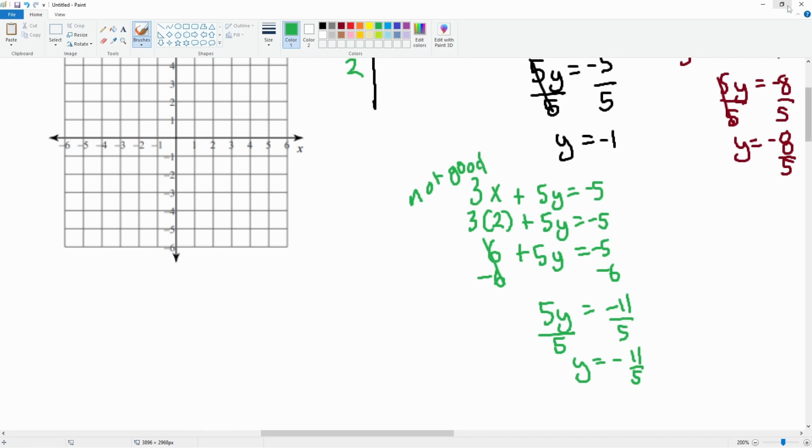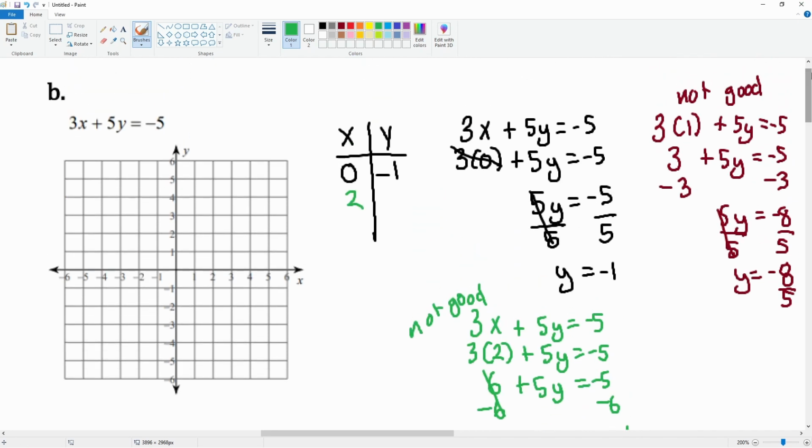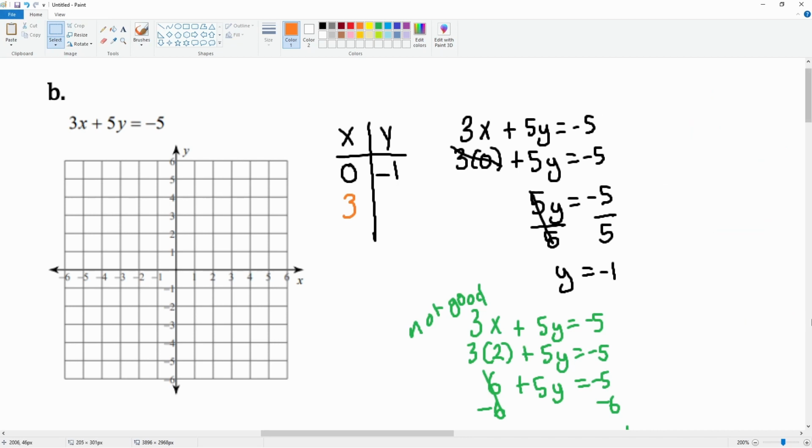Okay. So again, we'll just repeat that process. So 1, 2 didn't work. Hopefully 3 works. Let's try 3. I'm going to take this out because we already know that didn't work.